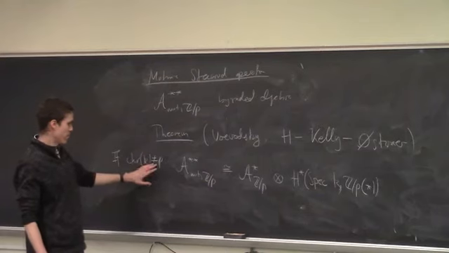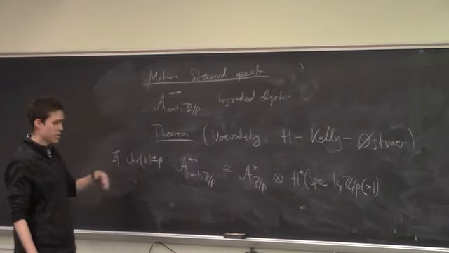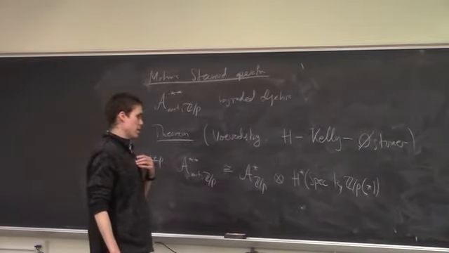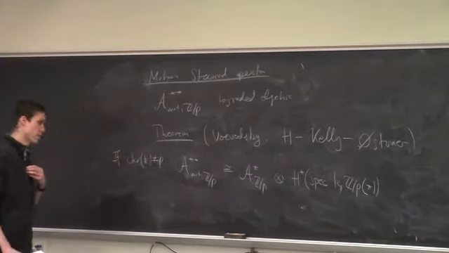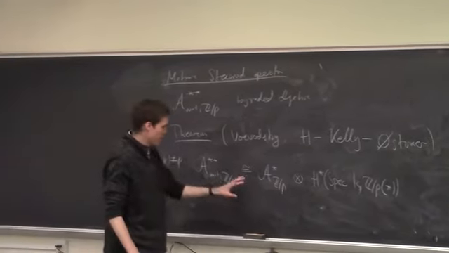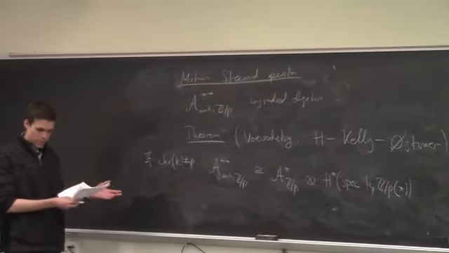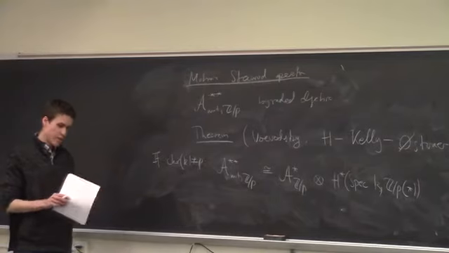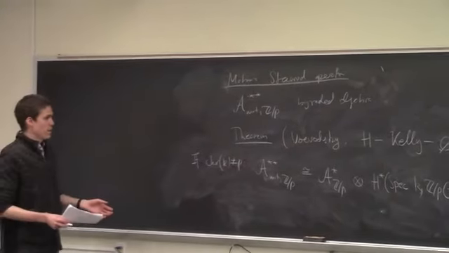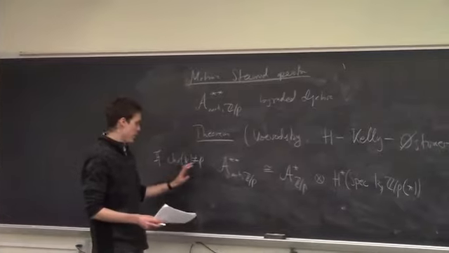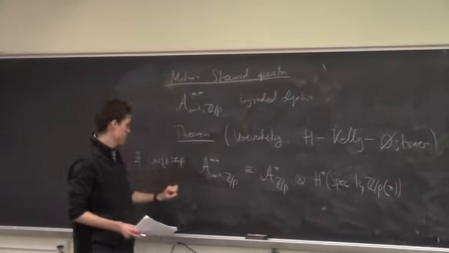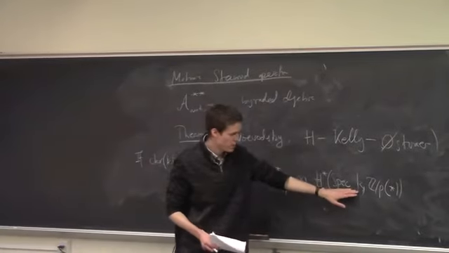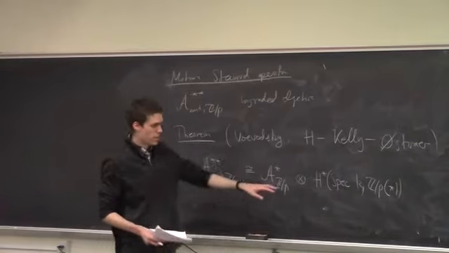Let me make one final comment about this. It'd be extremely desirable to have a result like this when the characteristic is also equal to P. There are several reasons for this. I told you before that Motivic homology is especially interesting in this arithmetic setting where you look at Diophantine equations. If we knew this result without this assumption, then we could globalize from fields to, for instance, the integers.